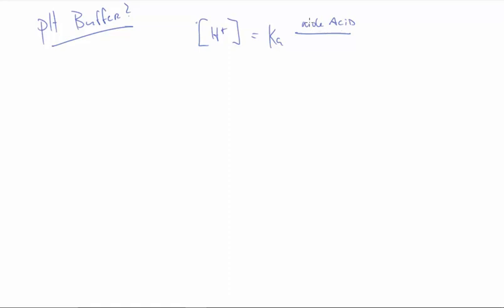Okay, and so now what are we going to do? Of course, we're going to figure out the pH of a buffer, right, and figure out how we do that. Well, I'm going to give you an equation, and then I'm going to tell you that it is derived from the Henderson-Hasselbalch equation, and this is moles of acid over moles of base.